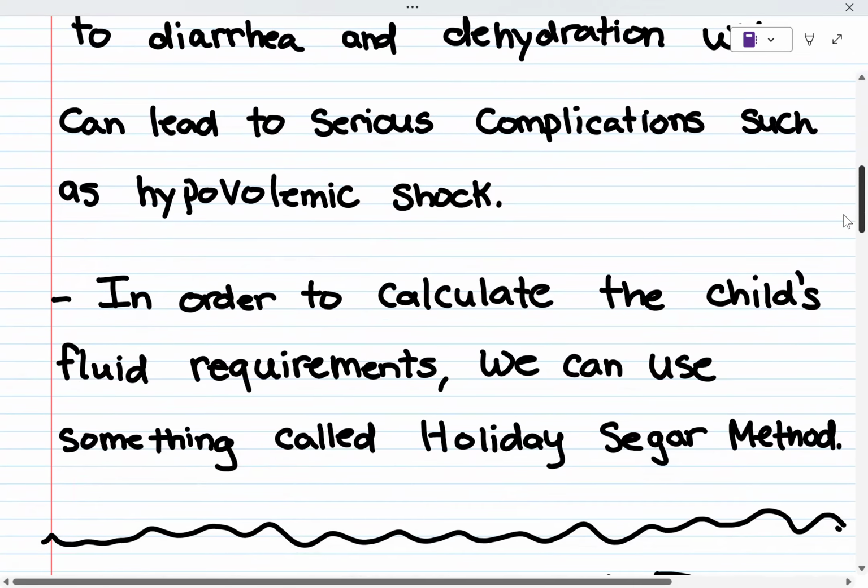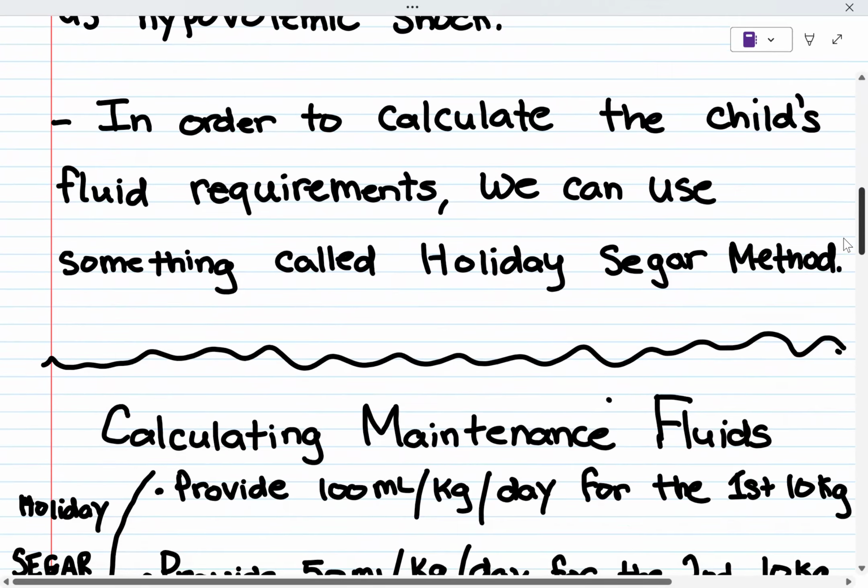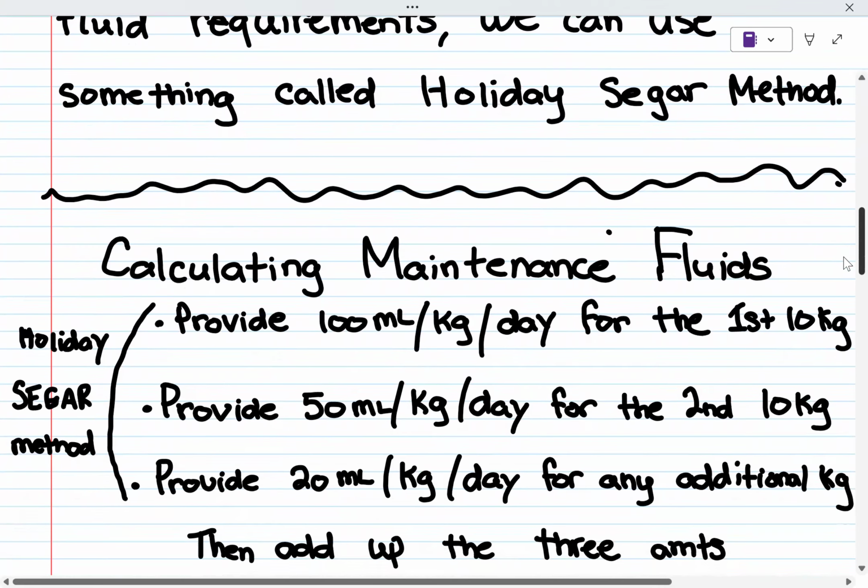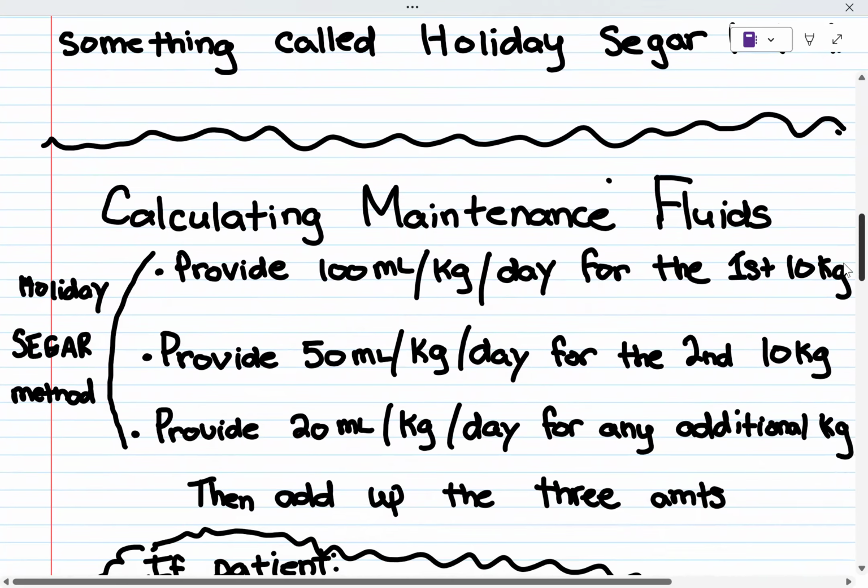In order to calculate the child's fluid requirements, we can use something called the Holliday-Segar method. This is how you would calculate maintenance fluids. Provide 100 milliliters per kilogram per day for the first 10 kilograms, whatever the patient's weight.